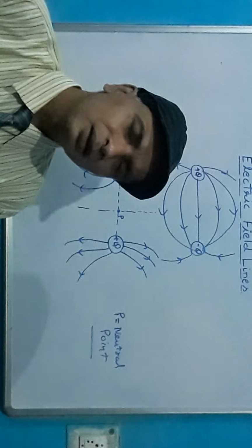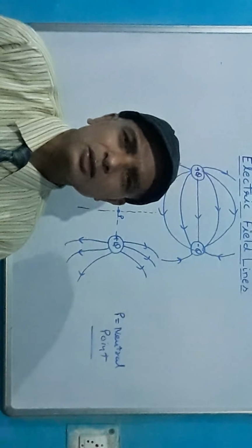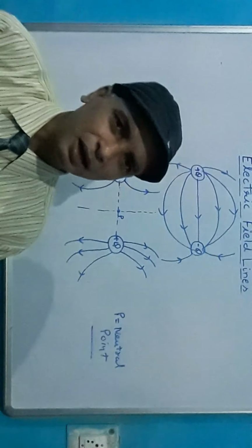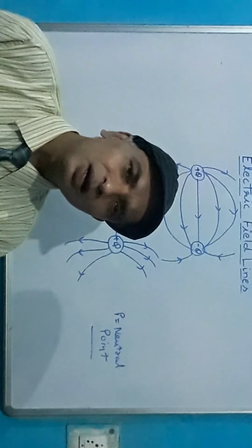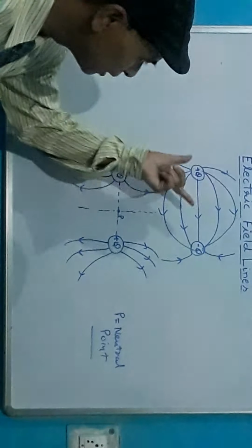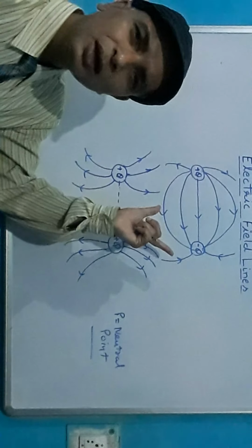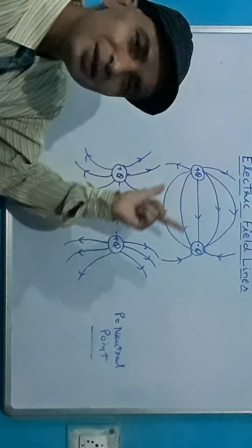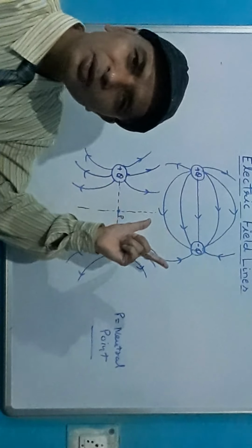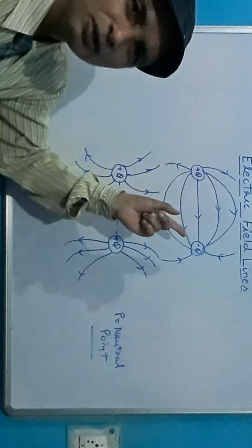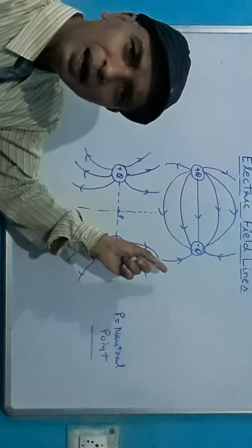In the same manner, the electric field lines due to an isolated negative source charge are radial and inward. The electric field lines due to two point charges of equal magnitude and opposite nature originate from positive charge and end at negative charge.